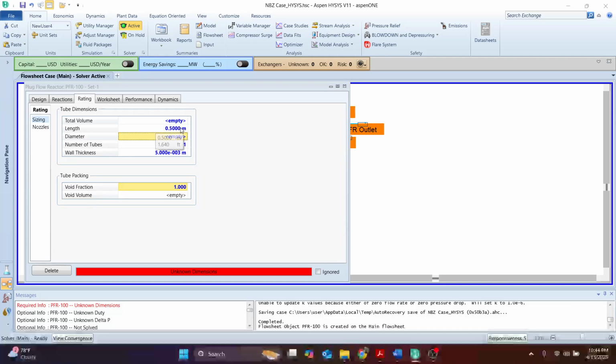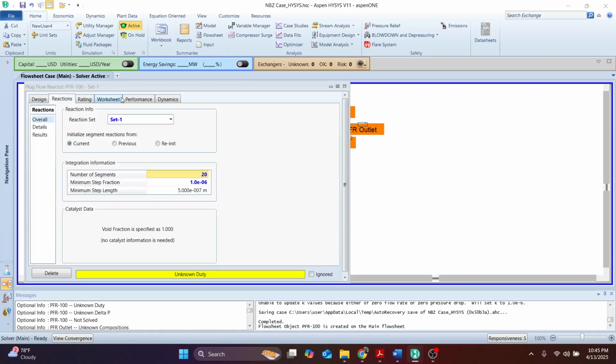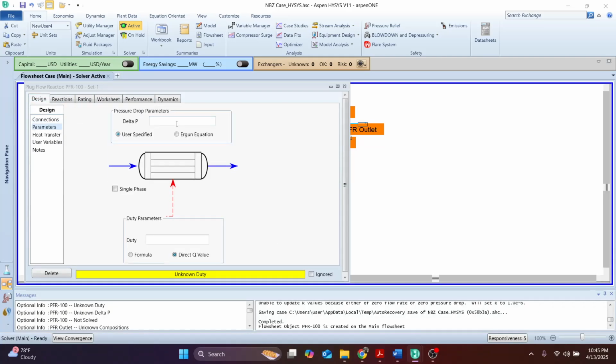The diameter is 0.15 centimeter. Number of tubes is 1. For the rest, just let it be, and no pressure drop.